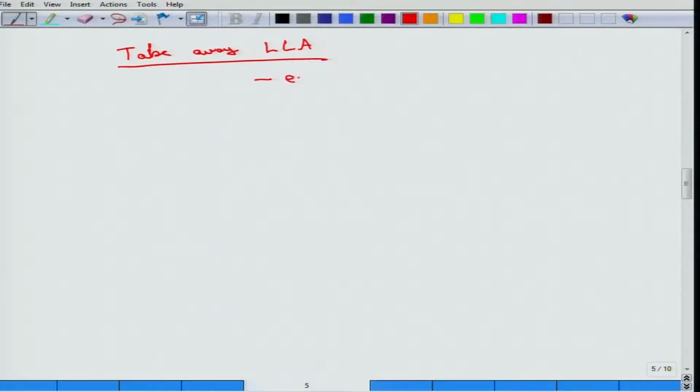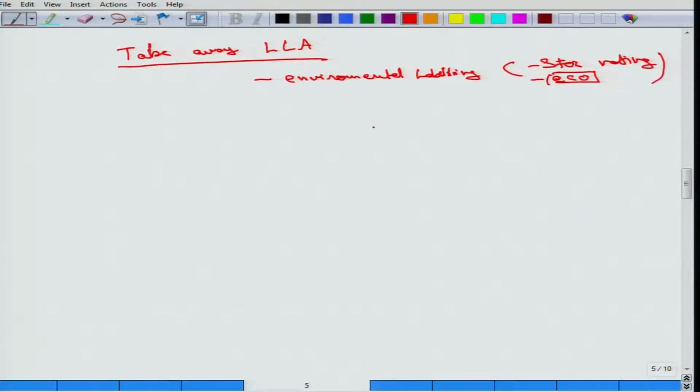LCA helps in environmental labeling, like we have star rating, then we have certain eco labeling on the product, right.